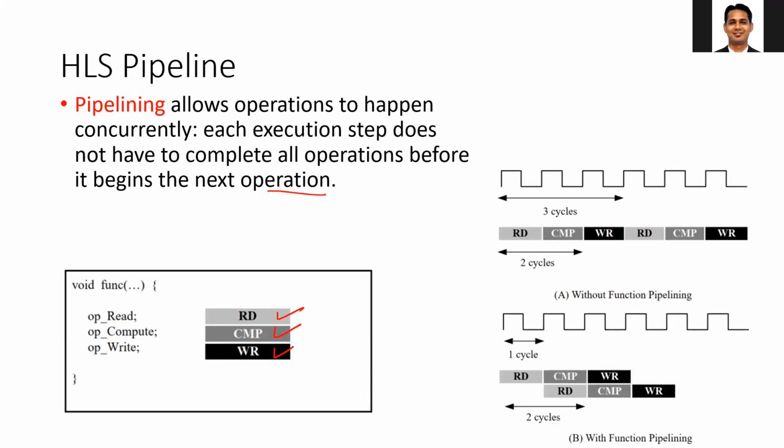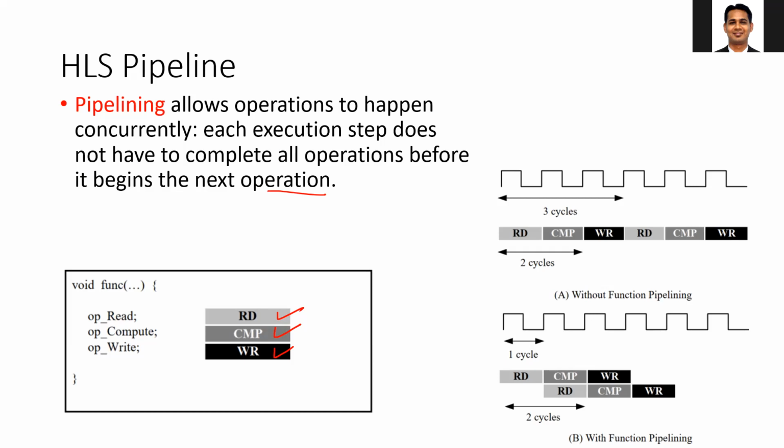But by using pipelining, I can start the read operation of the next function call as soon as possible without waiting for the previous function call to complete, assuming that there is no interdependency between the 2 function calls. So without pipelining, the function reads the input every 3 clock cycles, while with pipelining, you can read the input every 1 clock cycle. That means the initiation interval is reduced from 3 to 1.